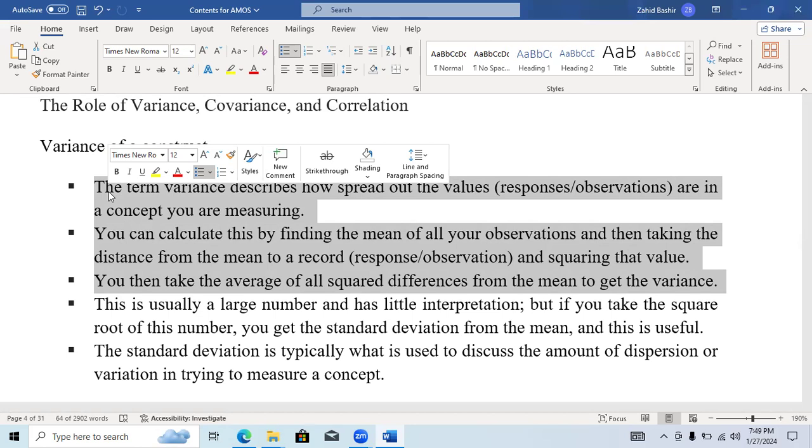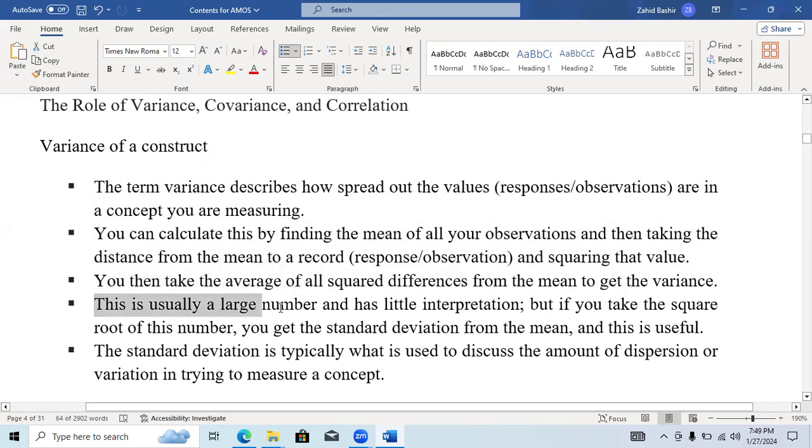I am just explaining for your understanding what variance is. This is usually a large number and has little interpretation. But if you take the square root of this number, you get the standard deviation.